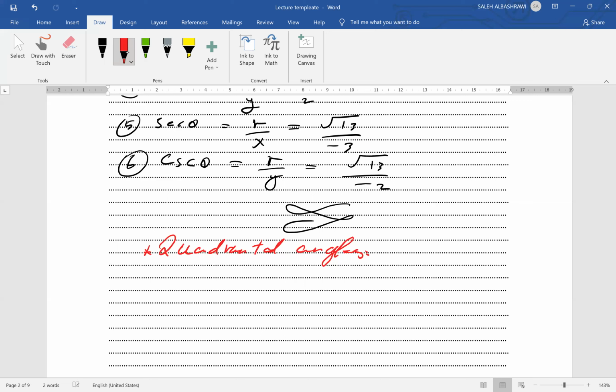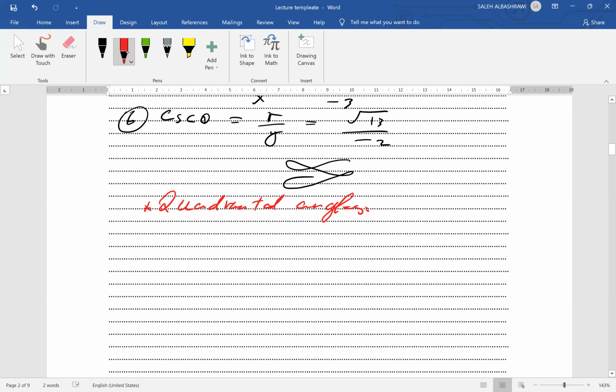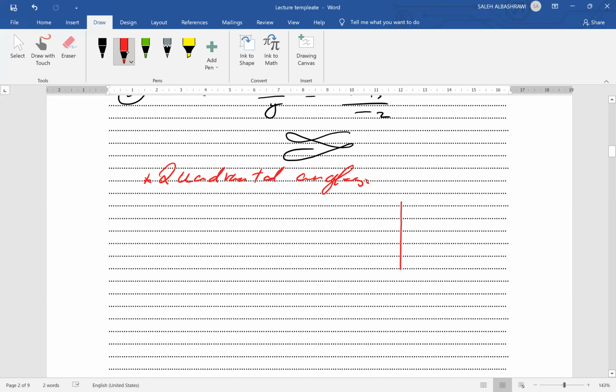Let's see what we mean by quadrantal angles. Quadrantal angles means any angle whose terminal side coincides with one of the axes, either x-axis or y-axis.